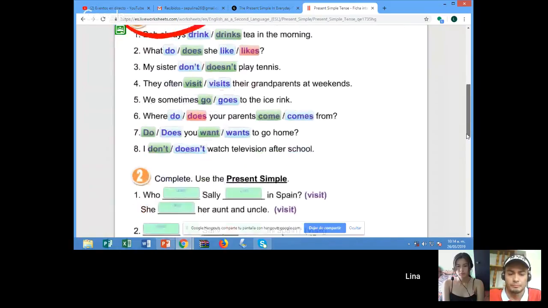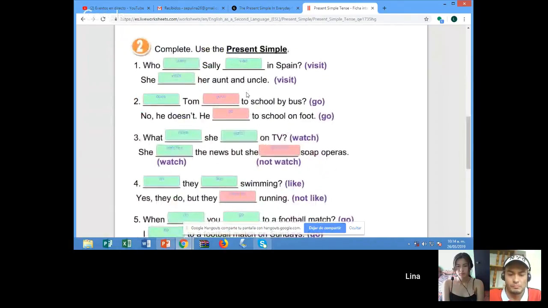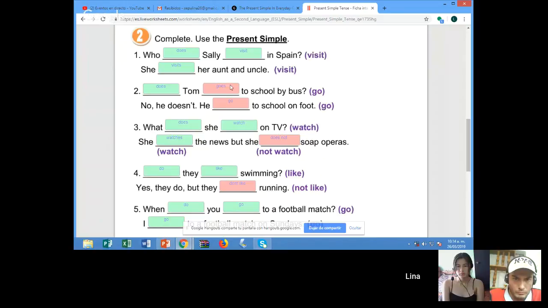And now the second part. So the first one is Carlos, very good. The second one, does Tom goes to school by bus? So here, does Tom goes, we don't use es. We use the verb in a normal form.